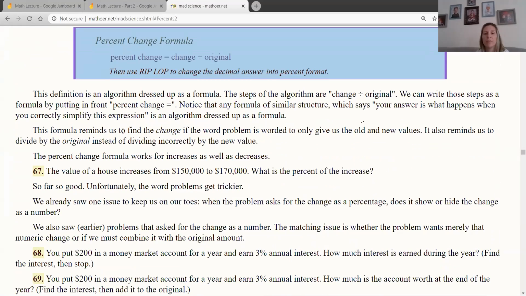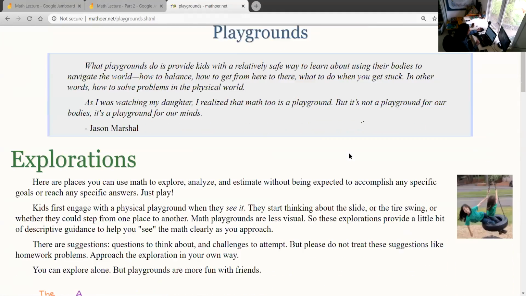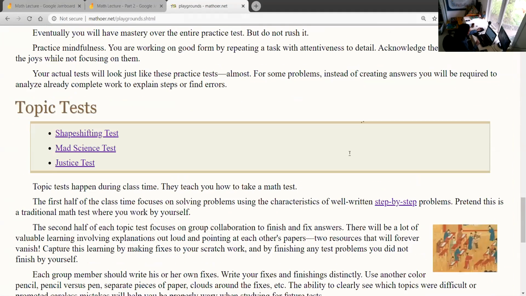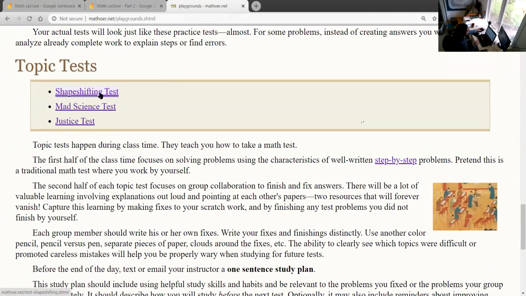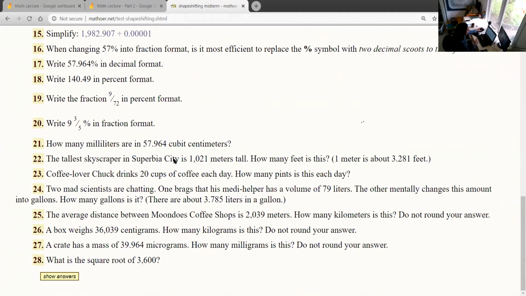What about the midterm stuff? The midterm stuff, if you wanted to, you could go here to playgrounds, go down to topic tests and say, I'm ready to do a shape-shifting test. We've finished all of shape-shifting. I've turned in my homework. If you take one of these at home and do well, then you've had some good practice.